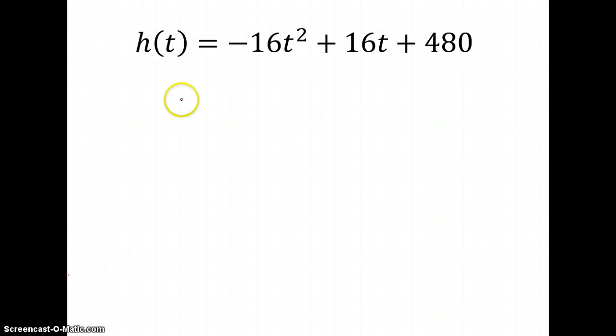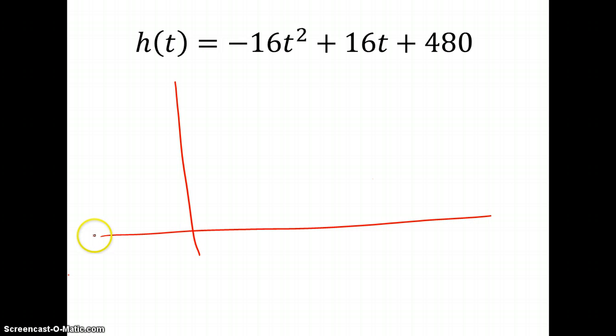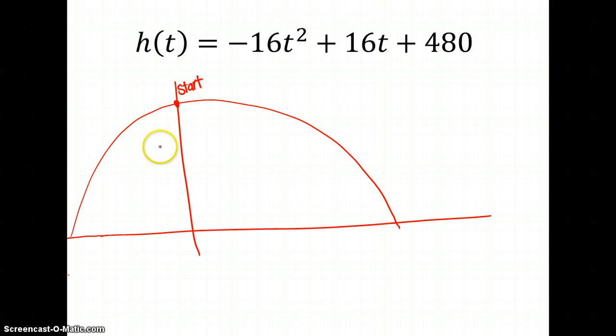To sketch it out a little more clearly, if we draw in our parabola, it's going to look something like this. The starting point is the y-intercept. The vertex is the maximum height.